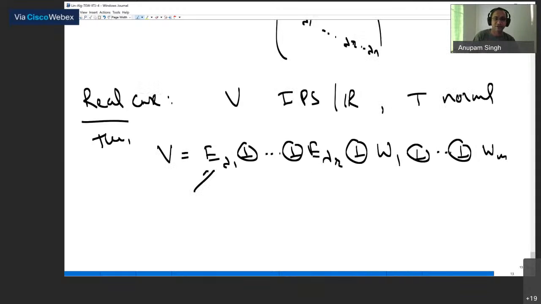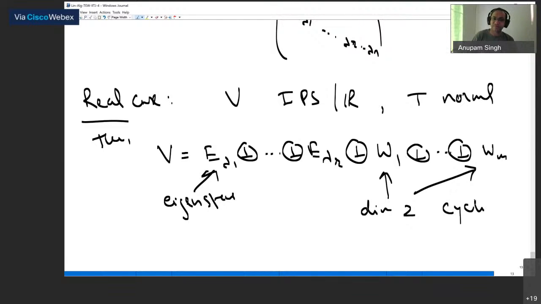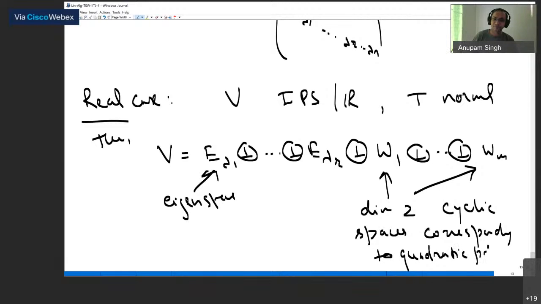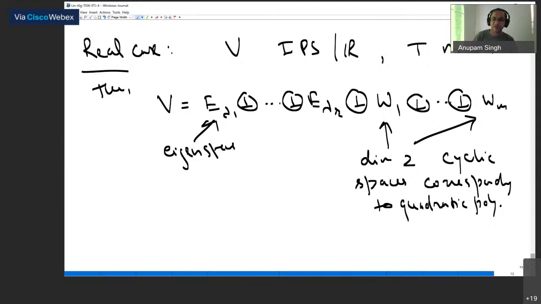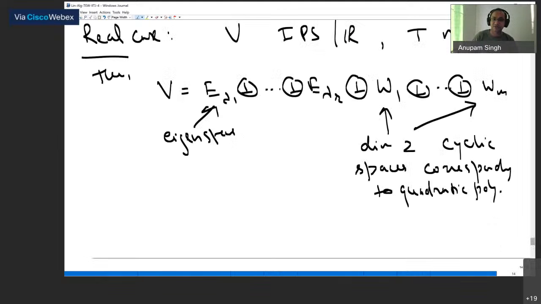So these are eigenspaces, and these ones are going to be dimension 2 cyclic spaces corresponding to quadratic polynomials, degree 2 polynomials. Okay, and moreover, the question is, how does T look?